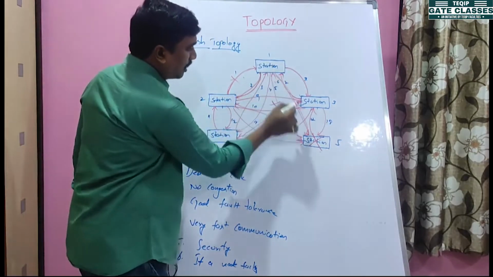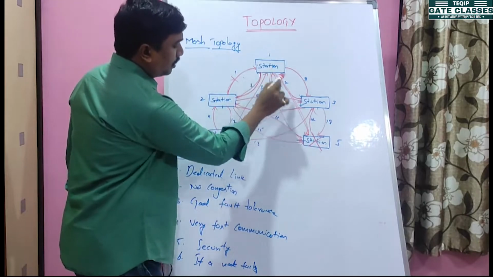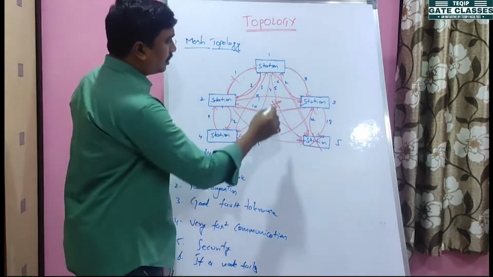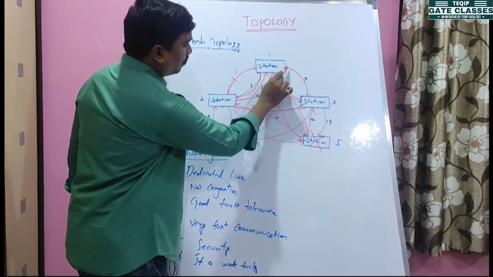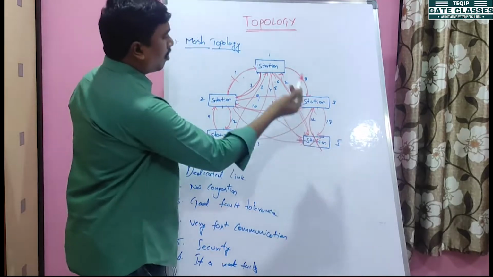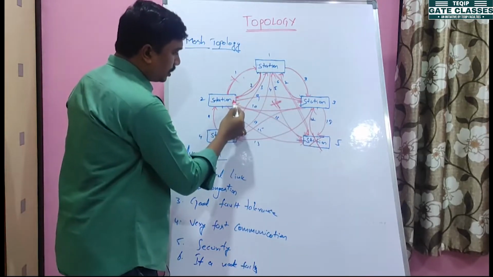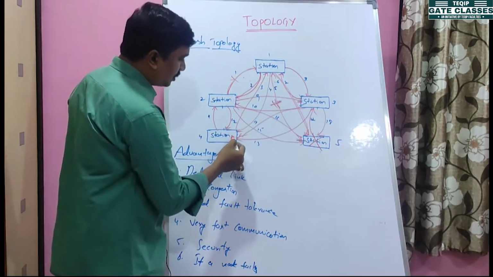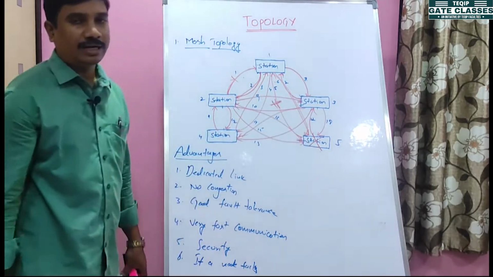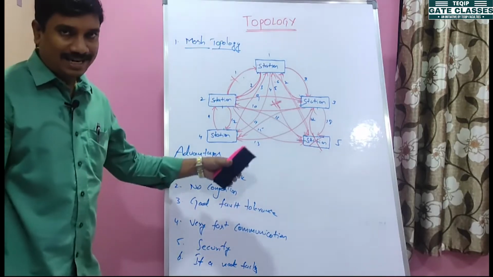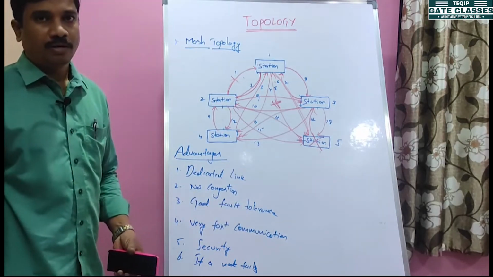Suppose I want to send from station 1 to station 5 and the path fails, it can go from station 1 to station 3 and then station 3 to station 5, or station 1 to station 2 and station 2 to station 5, or station 1 to station 4. We can reach the destination. The data reaches the destination. So these are the advantages of the mesh topology.